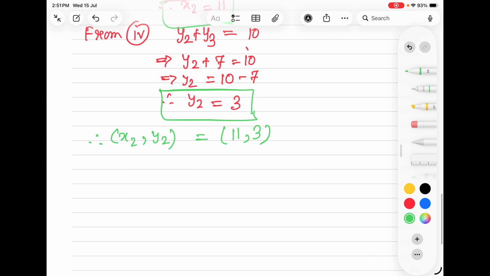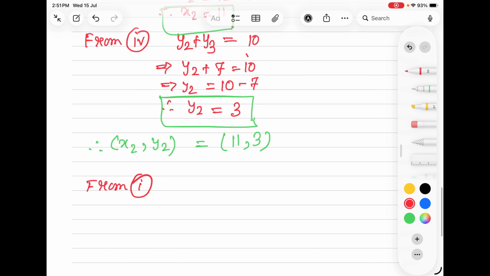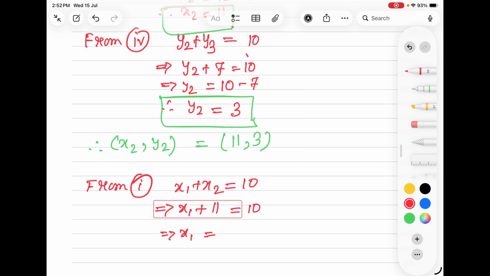Similarly, now we have x3, y3, x2, y2, and only x1, y1 are left. So we choose equation number 1: x1 plus x2 equals 10. Substitute the value of x2, which is 11, and get the value of x1: 10 minus 11.